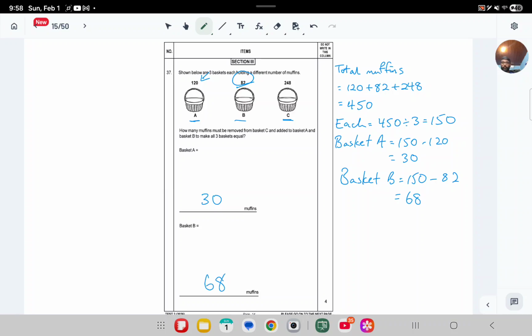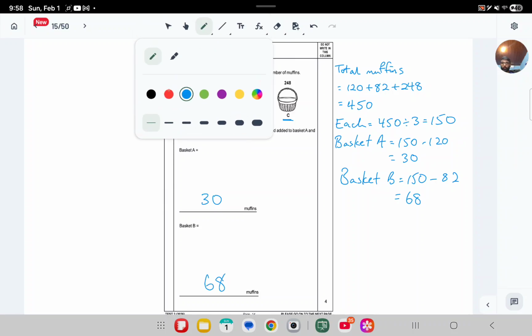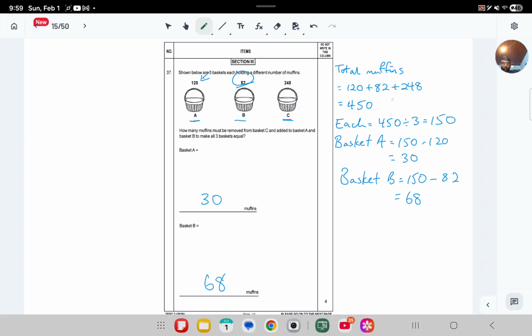So basket B needs 68 muffins. Alright, the marking scheme will go 1, 2, 3, 4.